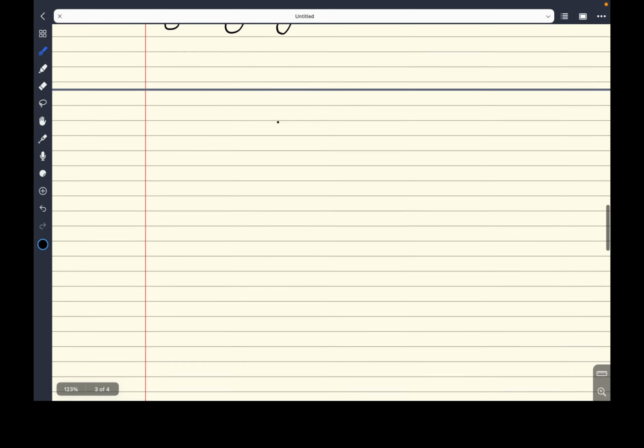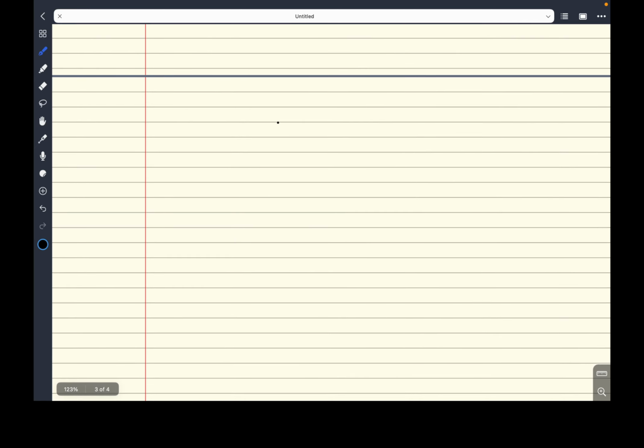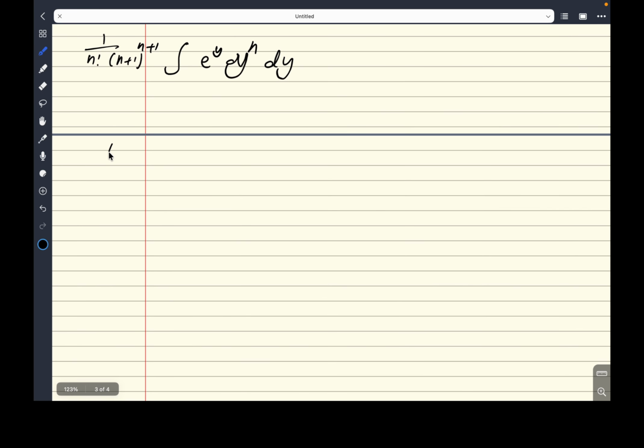Now here I'm gonna do another substitution with Maclaurin series. I'm gonna introduce a new summed over index k. If I write it in Maclaurin series again, it's going to be y to the k over k factorial times y to the n dy.